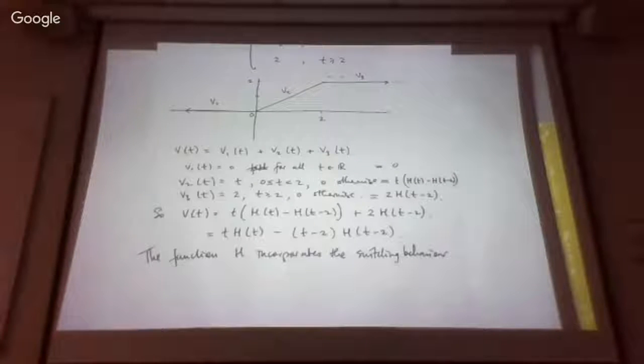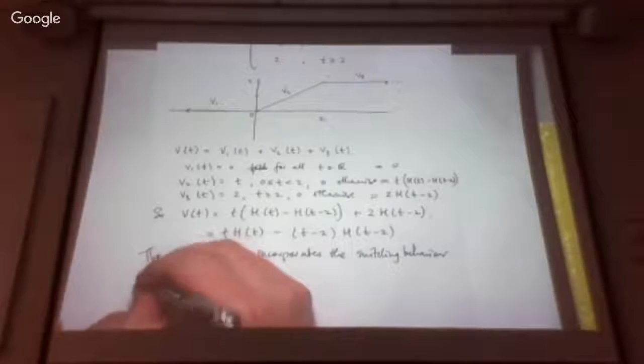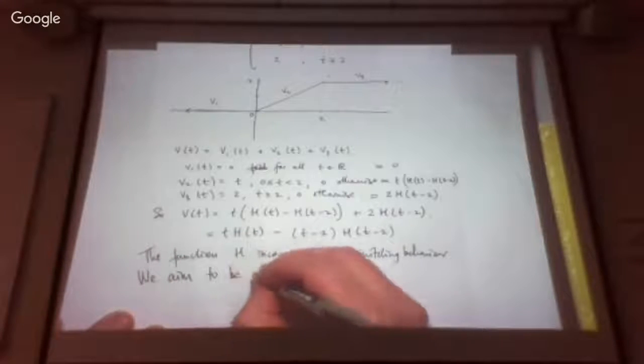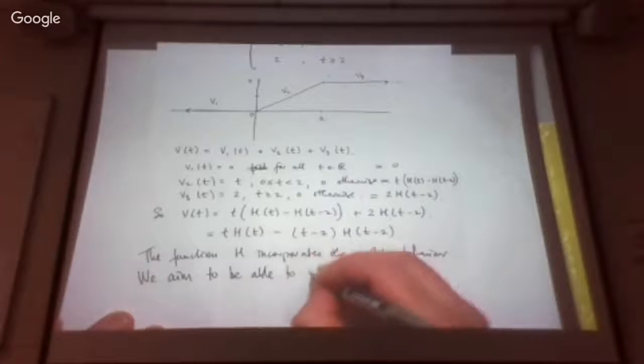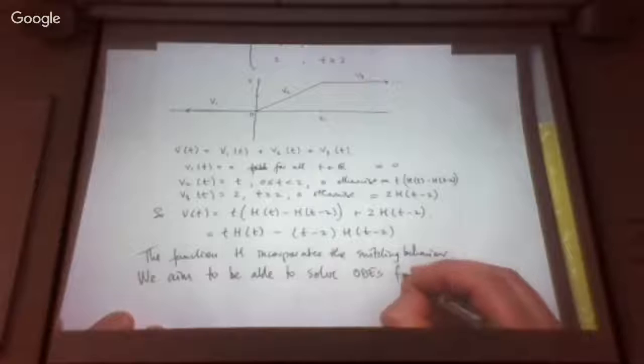Our aim is to admit this into the fold and be able to solve differential equations featuring the Heaviside function. So we aim to be able to solve ODEs featuring H.